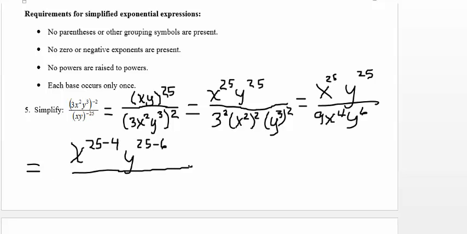The 9 stays in the denominator. So this equals x to the 21 times y to the 19th all over 9. So that would be my final answer for that one.